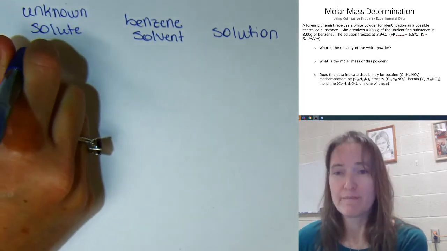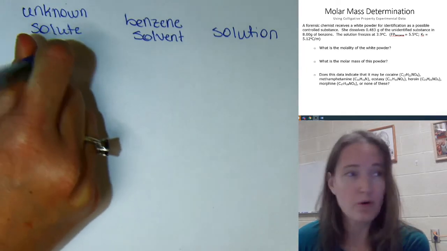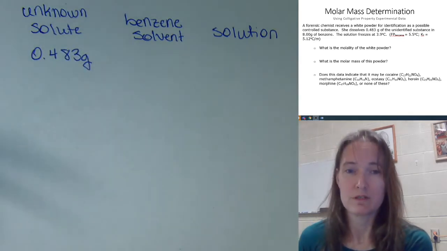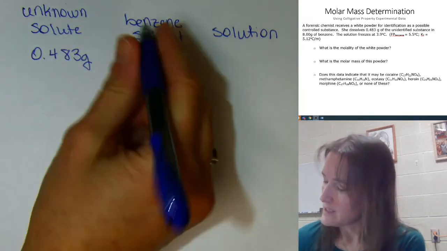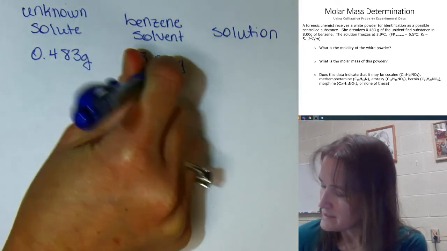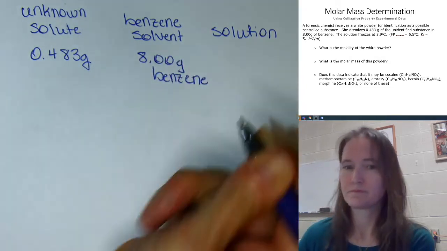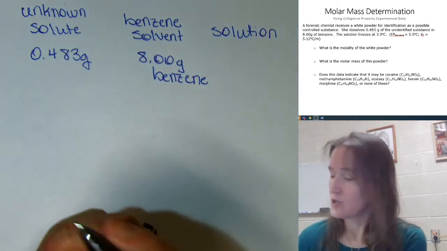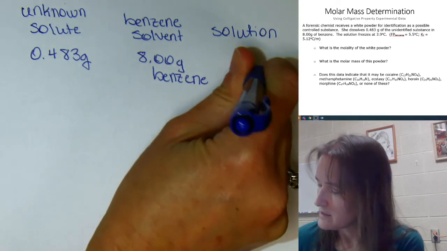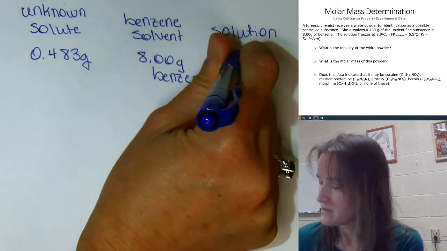So if we look at our information, we have 0.483 grams of unknown solute. And we know we have 8.00 grams of benzene. For the solution, we know that the solution freezes at 3.9 degrees Celsius, and that's the freezing point.